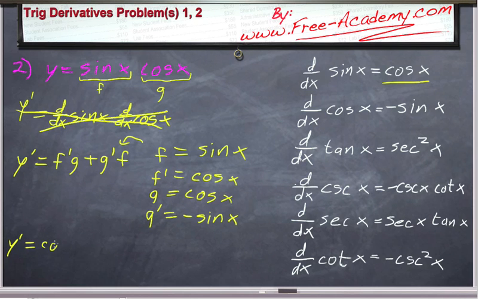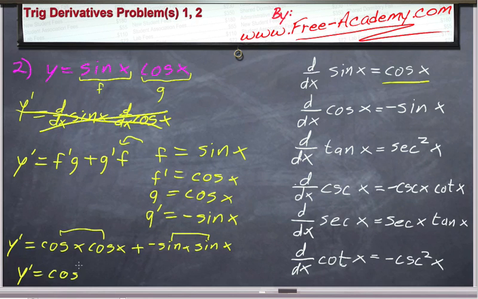F prime, cosine of x, times g, which is cosine of x, and this will be plus g prime, which is negative sine of x, times f, which is sine of x. Now you have cosine times cosine and sine times sine, so y prime is equal to cosine squared of x minus sine squared of x.